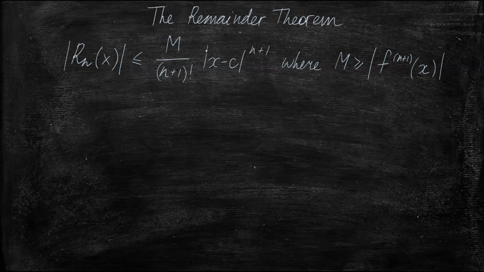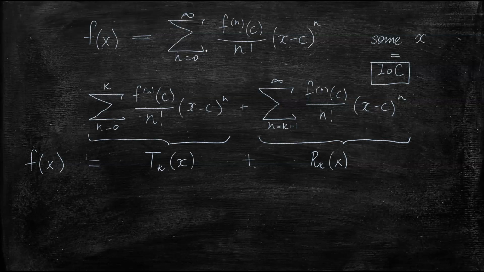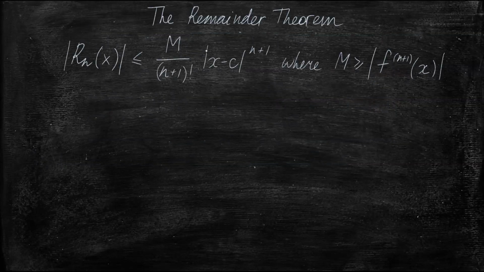Besides the application of letting us prove that the Taylor series for many of these nice functions actually converges to the function, this theorem has many other applications, which we are going to discuss next. To start with the applications, we're going to have to remember this inequality.